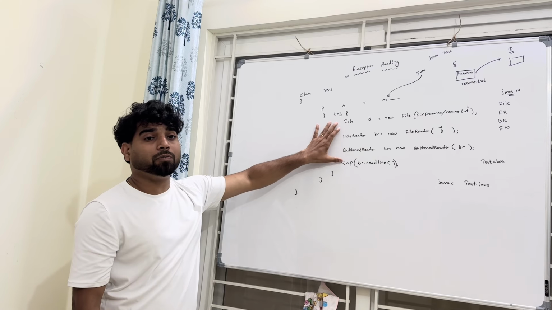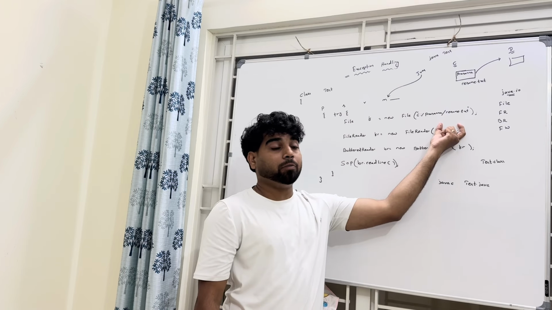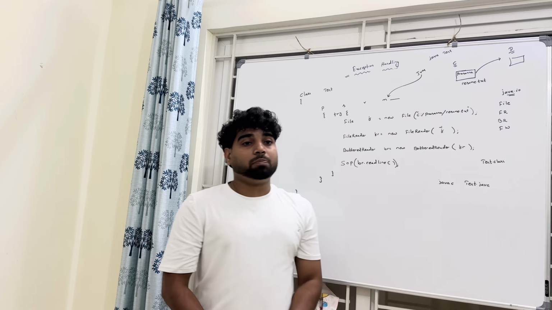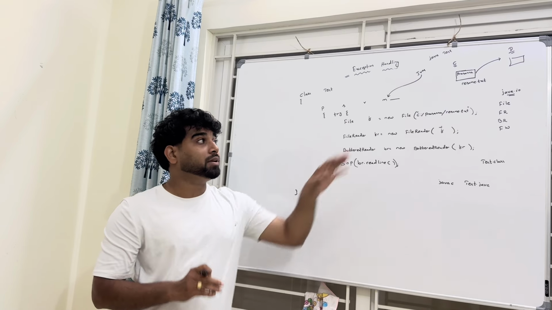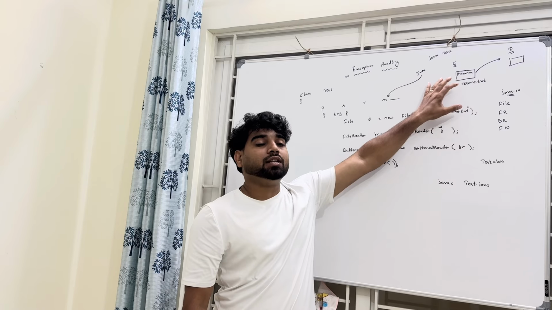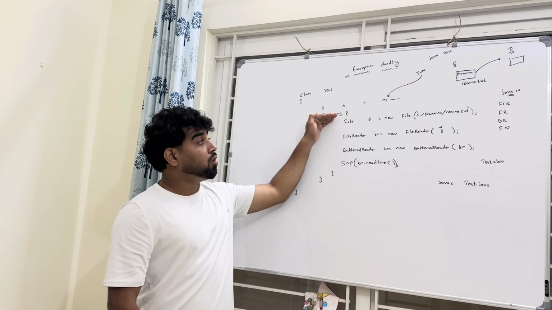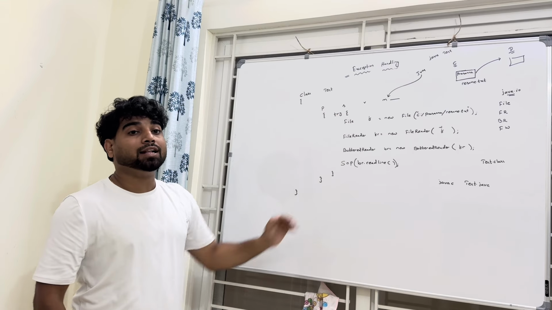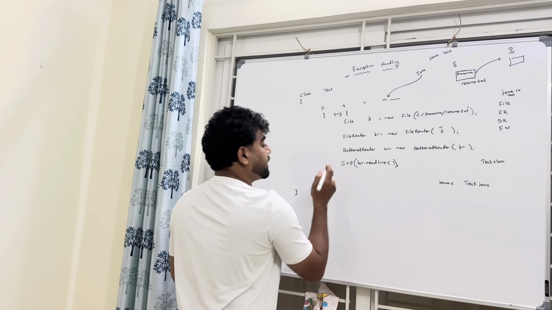Because you are performing a file operation, and at runtime the file may not be found by the JVM. There might be a chance JVM can get the file if it is there in the C drive, but if the file is not there, then where is the handling code? Who will ask? The compiler. So the compiler will force you to handle the exception, to write this try and catch block.